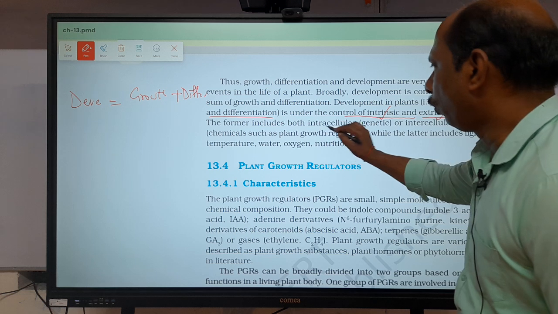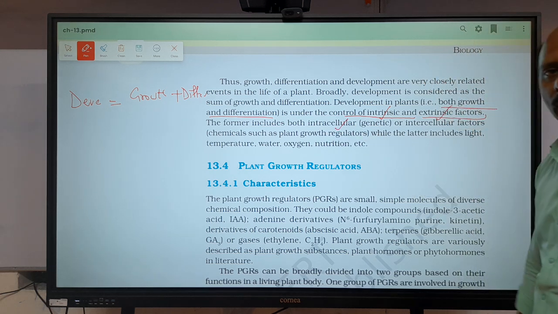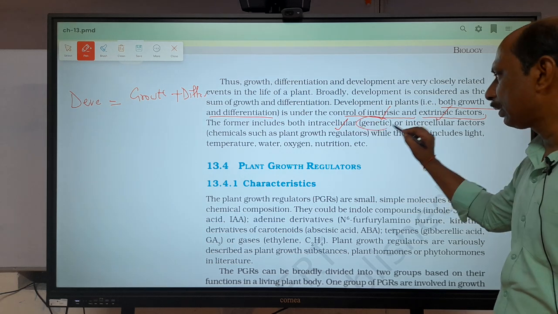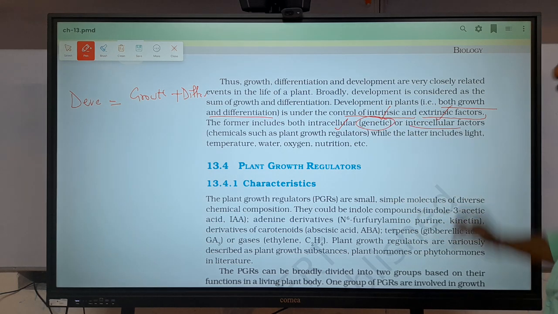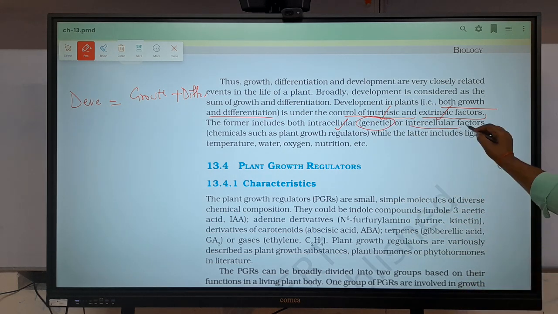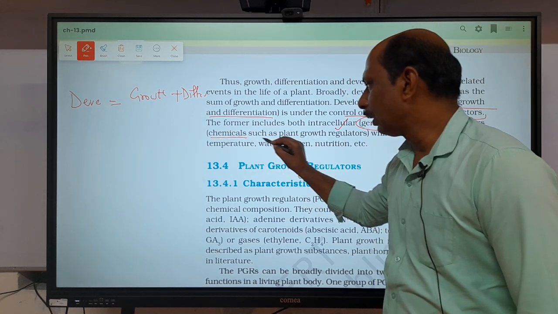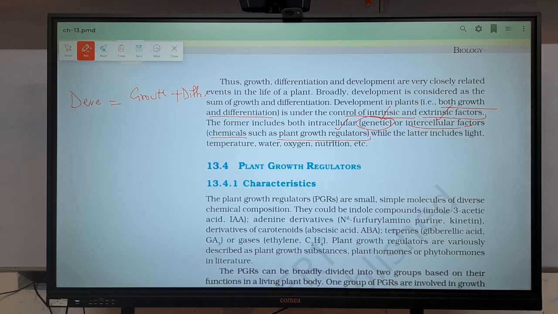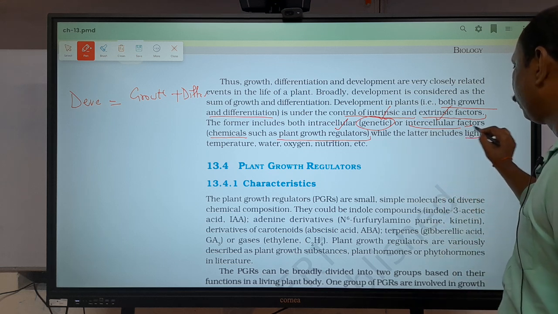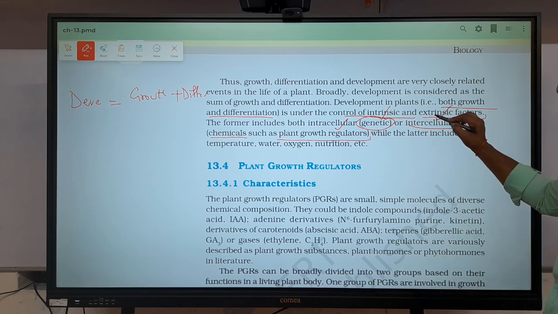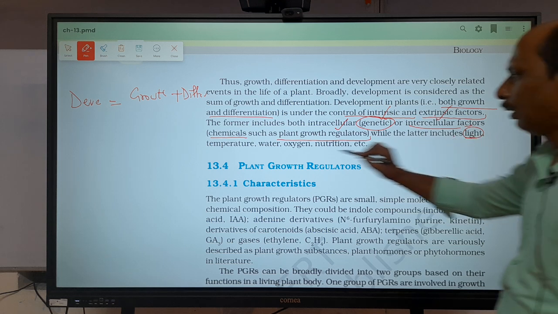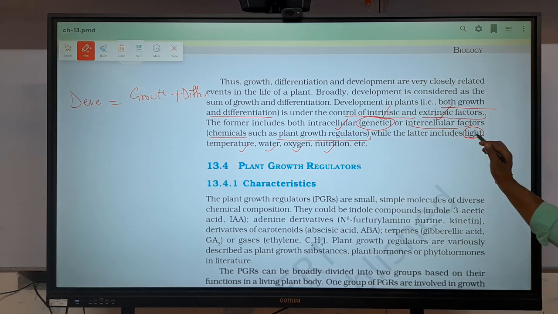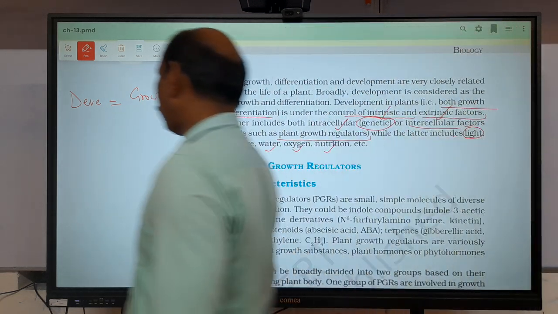The former include both intracellular, that is inside the cell, that is genetics, for example, or intercellular, that means outside the cell factors. They are chemicals such as plant growth regulators, or we call them plant hormones, right? While the latter, extrinsic, include light, temperature, water, oxygen and nutrients. These are external, right? So what is given here?